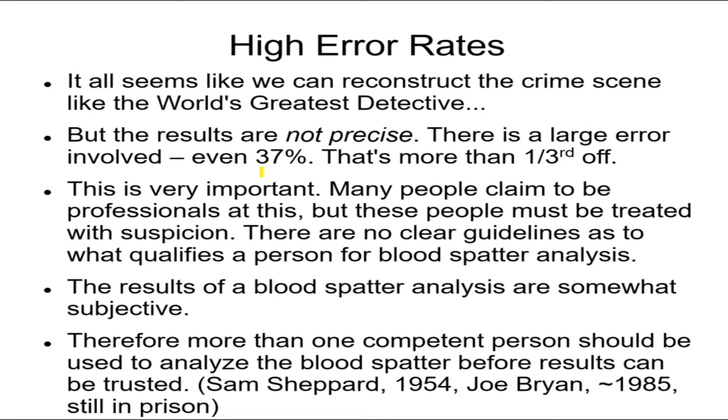This way we catch people in lies. This is the most important use of blood spatter analysis. So even if it's off a little bit, we can certainly catch people in lies. That is actually the greatest use of blood spatter analysis. It might not be that precise, but it does give a decent picture and is very often used to show that a person is lying so that you can question him more harshly and get the truth.